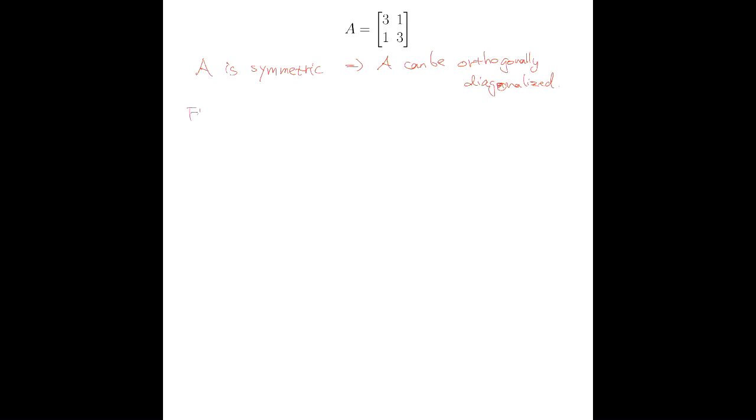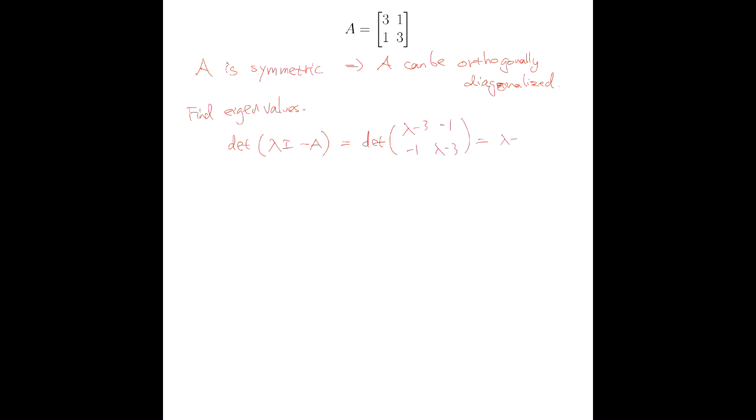So how do we find eigenvalues? We study the characteristic function, the determinant of lambda I minus A. This is very easy. It's the determinant of the matrix with lambda minus 3 and lambda minus 3 on the diagonal and minus 1 off the diagonal.